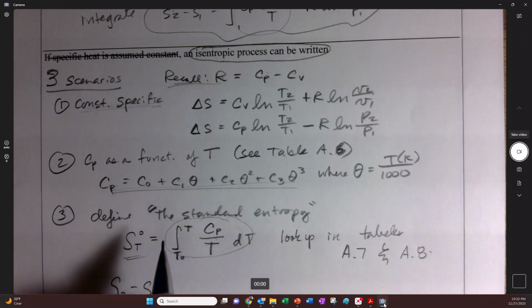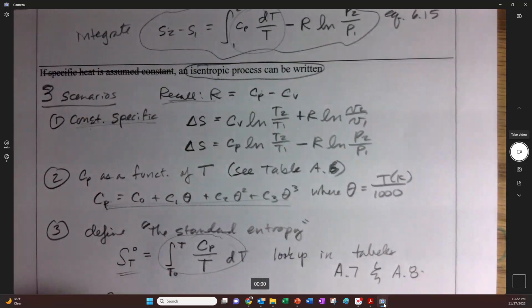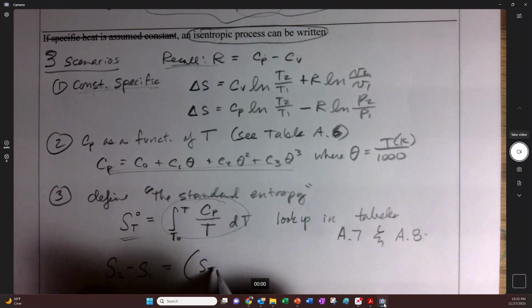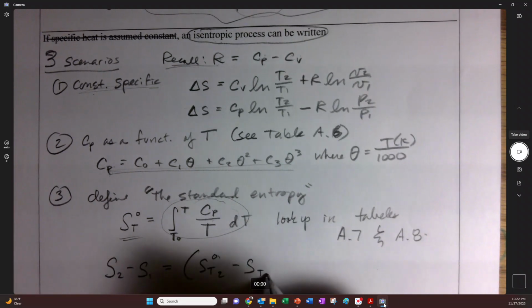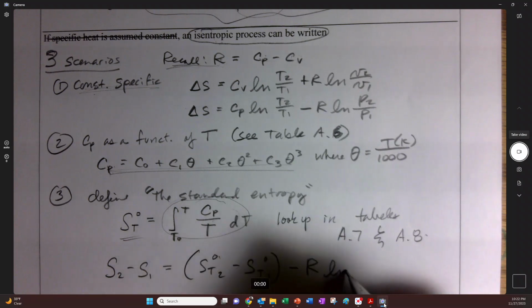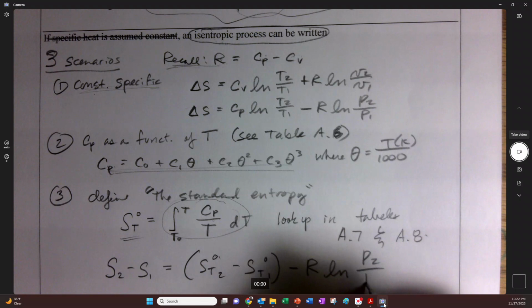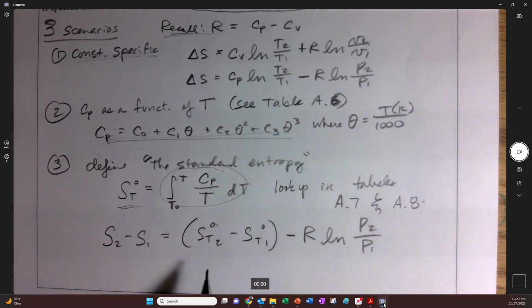So instead of doing the equation up here, we're going to have s_T^0 at state 2 minus s_T^0 at state 1 minus R ln P2 over P1. Right there.